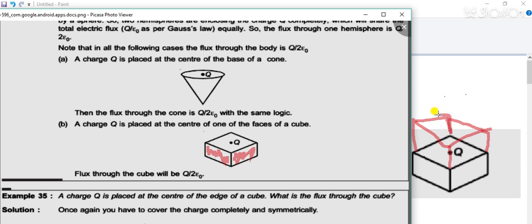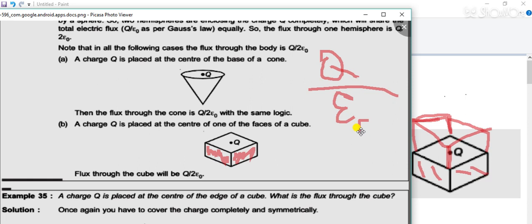Here you can see that the electric flux is coming out from five faces of each cube. So five faces of the upward cube, five faces of the downward cube, one face is not emitting any flux. So if the total flux is q by epsilon naught for the whole case, then for this case, the flux is q by 2 epsilon naught.